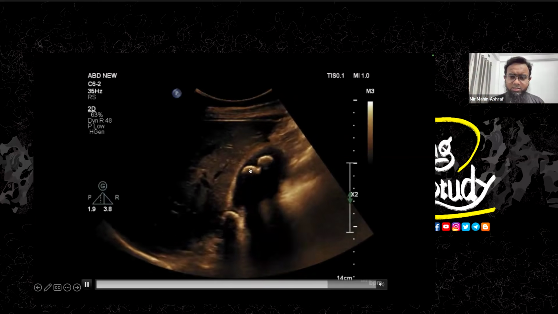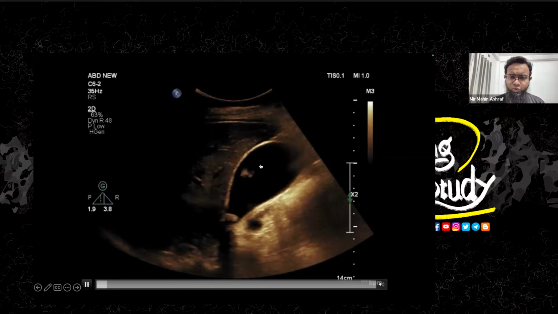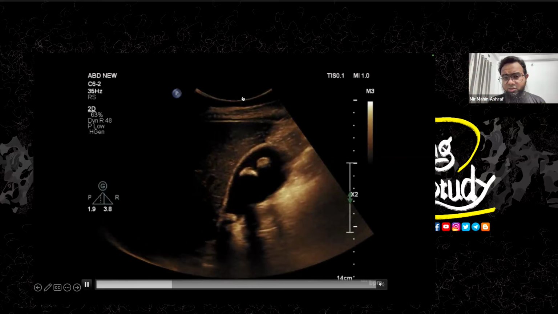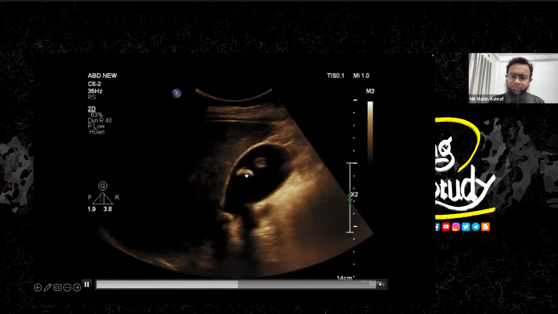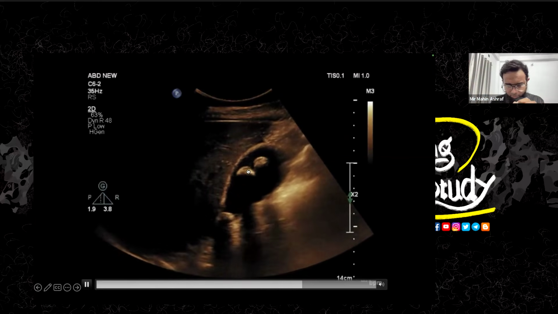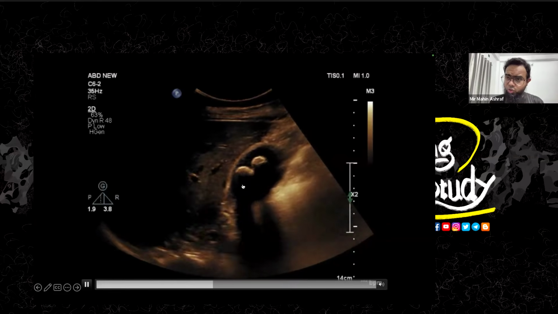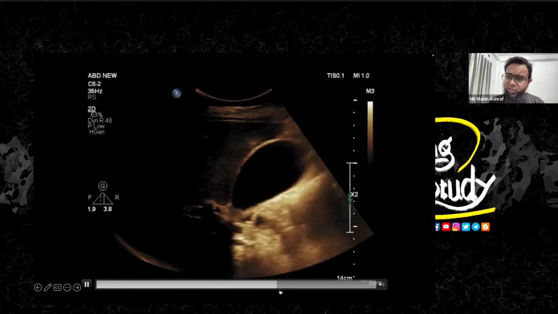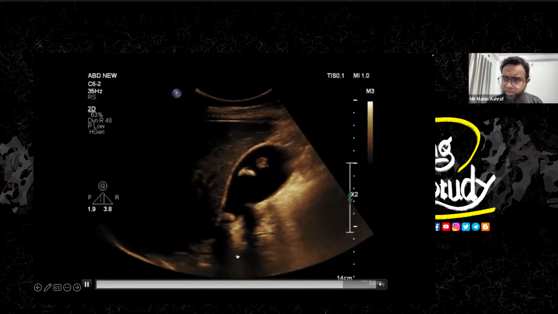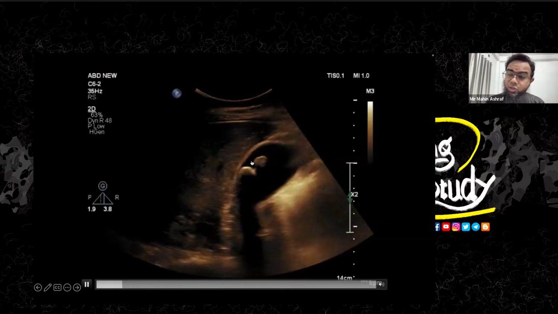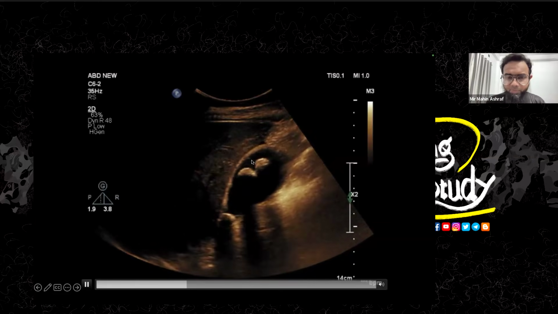Like here, you can see the gallbladder is having 3 stones. These stones are reflecting all the sounds. So there is no sound passing behind them, and you can see some black shadows coming behind this stone. This is called the posterior acoustic shadowing. This posterior acoustic shadowing is helping us to detect stones within this gallbladder.